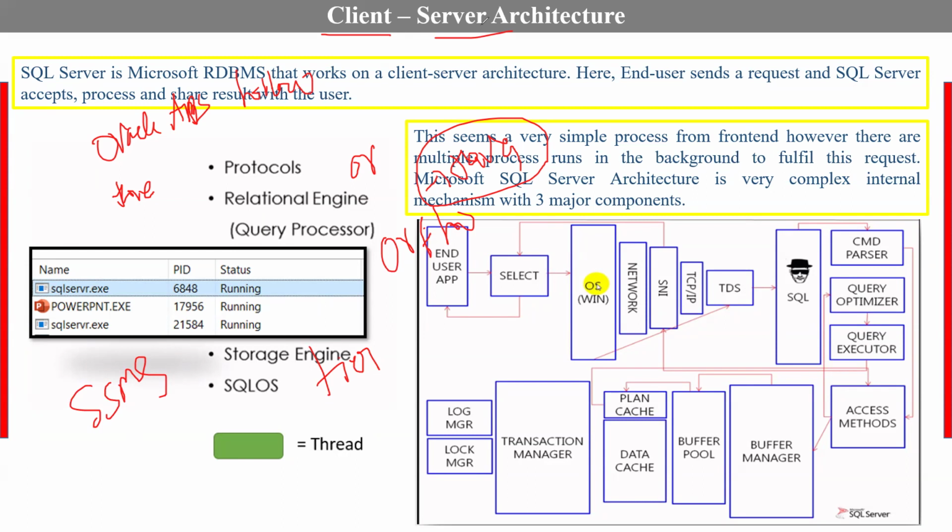So SQL Server follows 2-tier architecture. Client and server, there is no middleware, nothing is available. You can directly access the SQL Server. But some other technologies follow 3-tier or 4-tier architecture. Maybe they will use some middlewares to integrate the tool and the database management system. Not for SQL Server. SQL Server can directly authenticate the client.